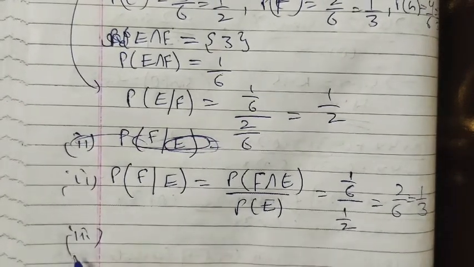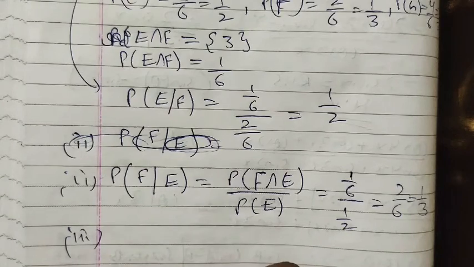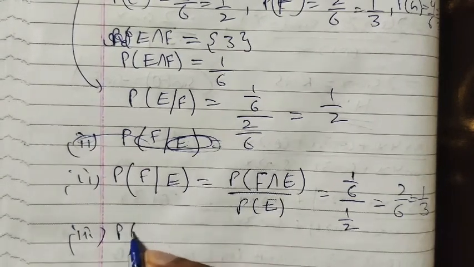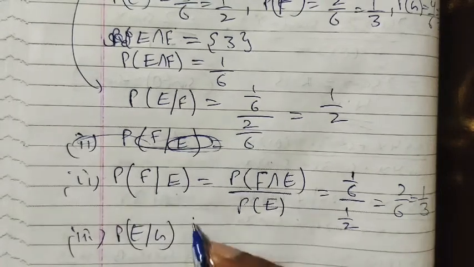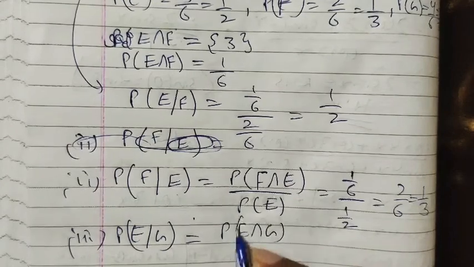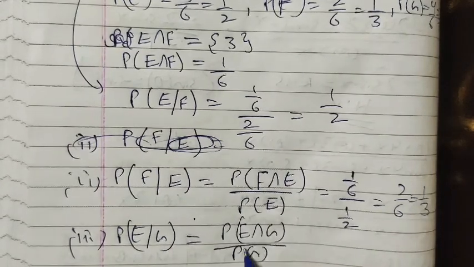Third part is probability of E given G, which we have to determine. For this the formula is probability of E intersection G upon probability of G, right?